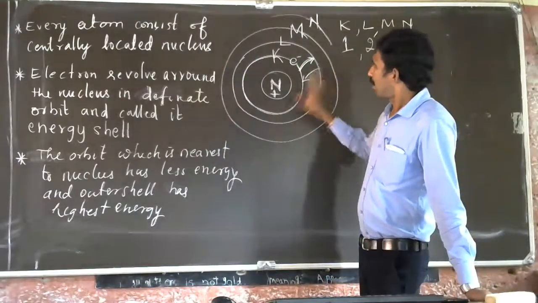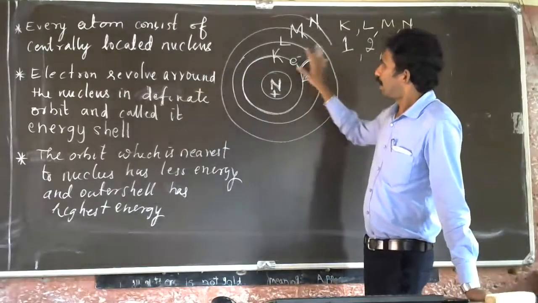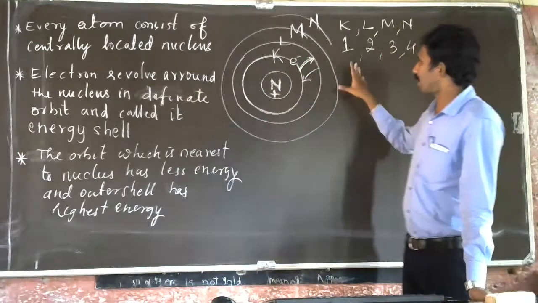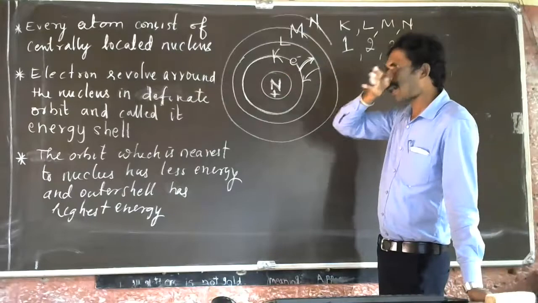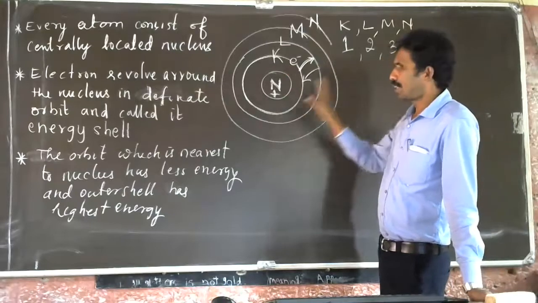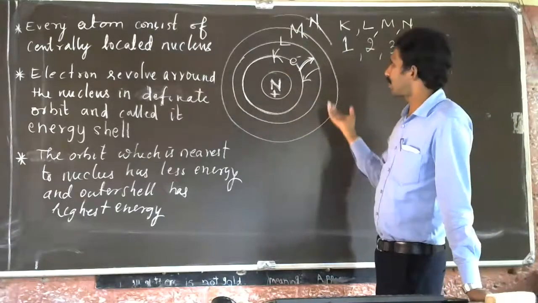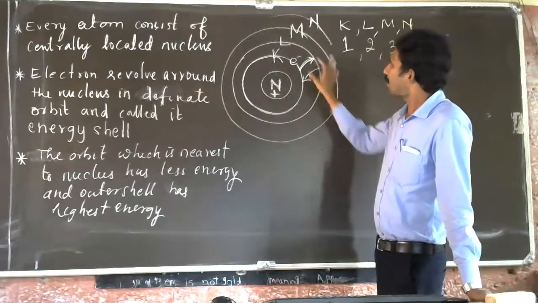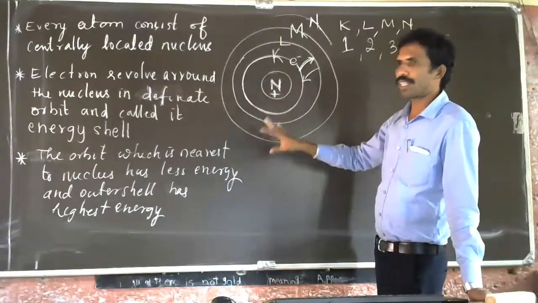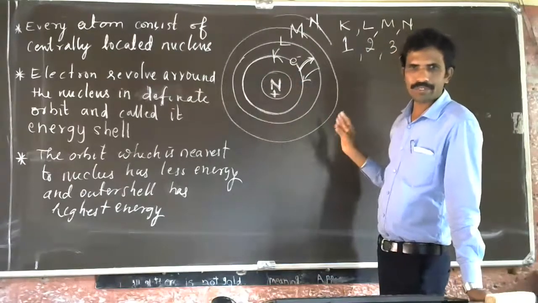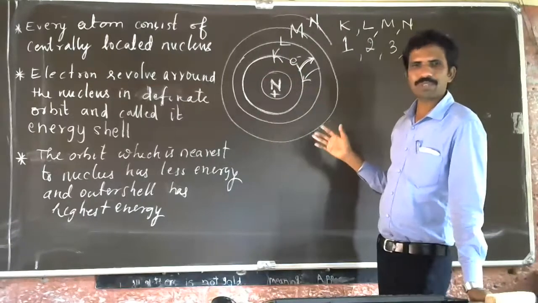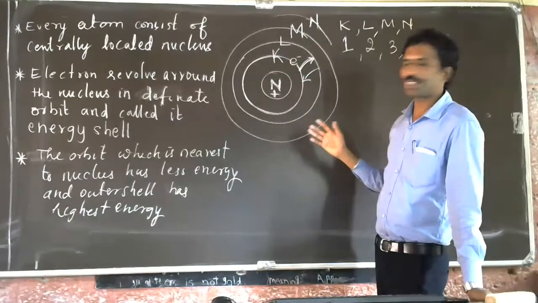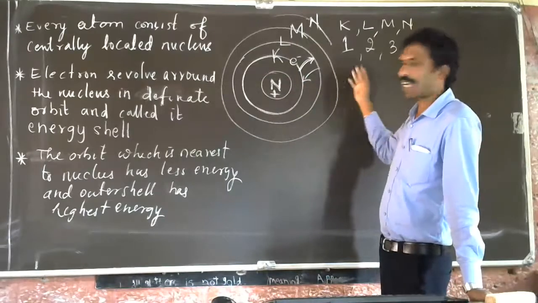Of all the theories we have studied, this is the most recent theory which is used now. By Bohr's atomic model only, we write the electronic configuration. So electronic configuration means what? It is the distribution of electrons in the various shells of the atom.